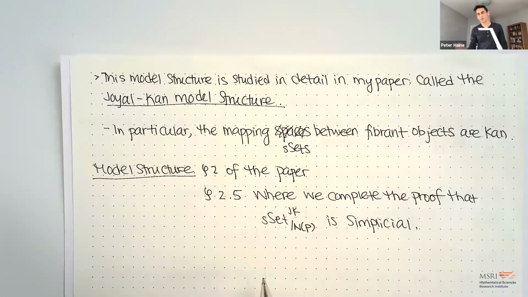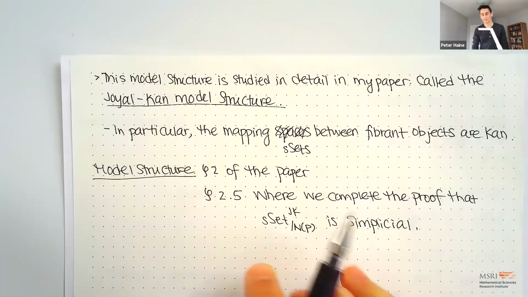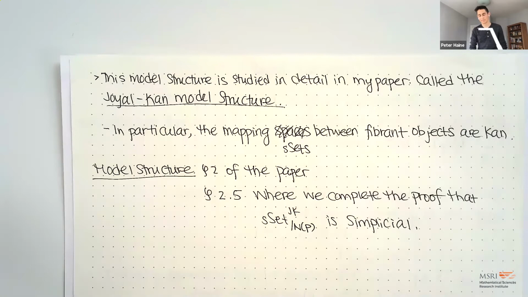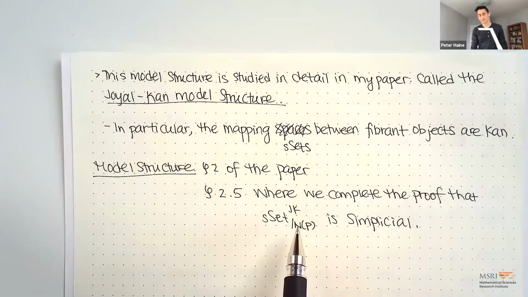A priori you have more, but as long as the strata are Kan, the weak equivalences and the Joyal equivalences coincide. And the Joyal equivalences are stable under filtered colimits.